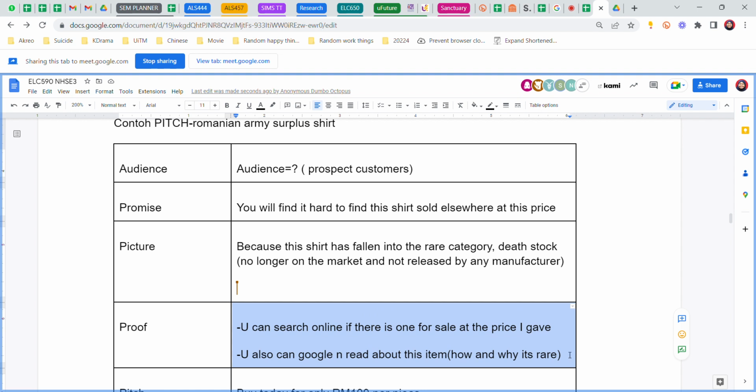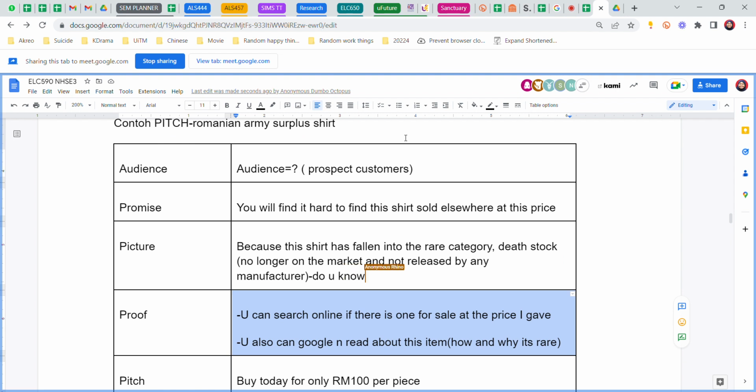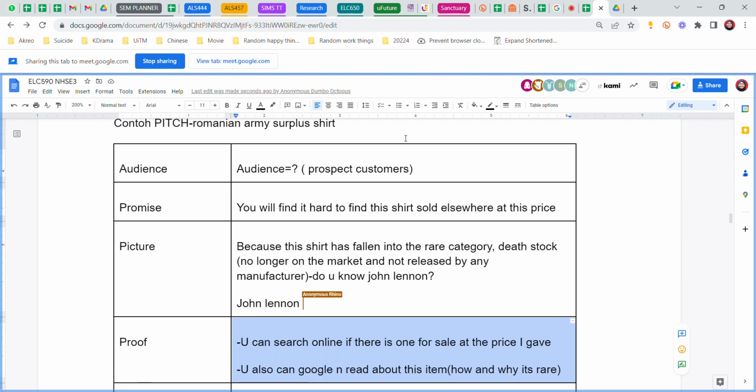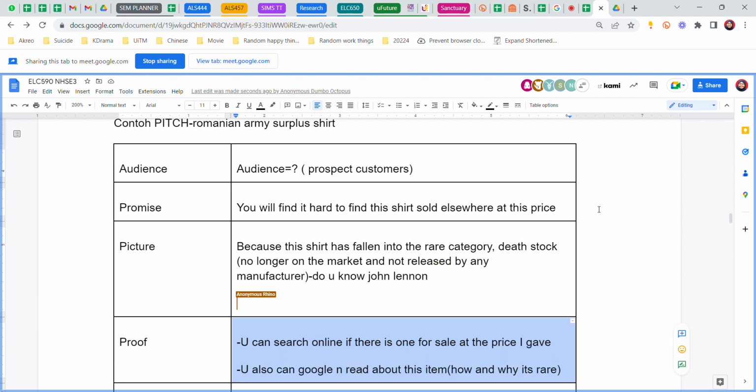Ini macam gangster. Tak percaya? Google lah. What's the Romanian Army surplus shirt? Like the Romanian Army, like the army? John Lennon? Okay, so is your audience actually fans of John Lennon, or people who are looking for the Romanian Army surplus shirt?